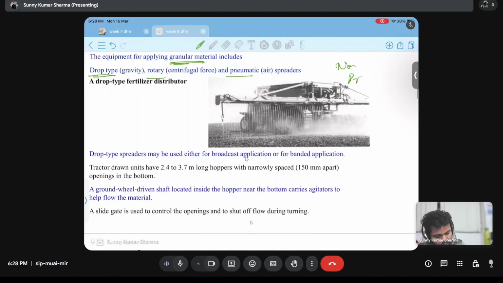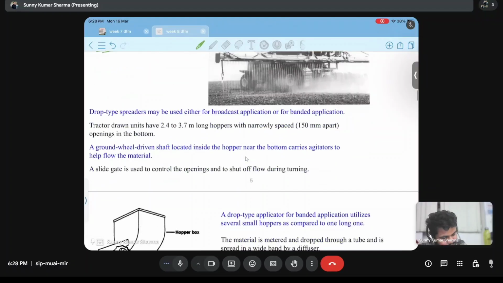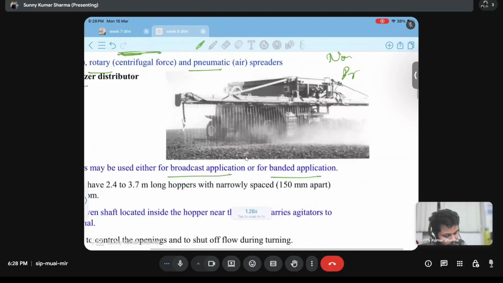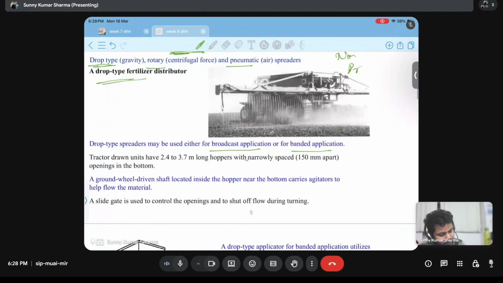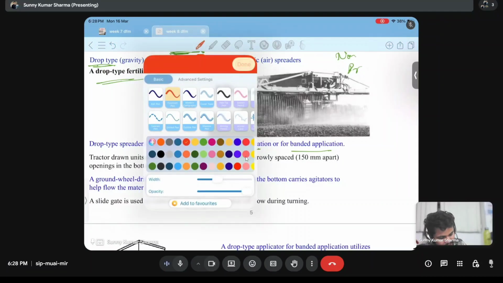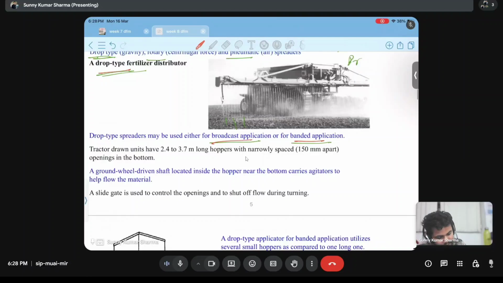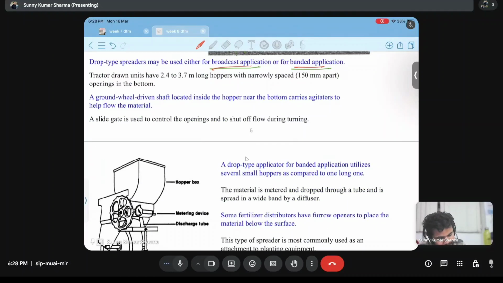Then drop type fertilizer distribution may be either broadcast type or banded. Here in this figure you can see banded application. Broadcast means there is no pattern. So two ways are there for drop type fertilizer distribution.